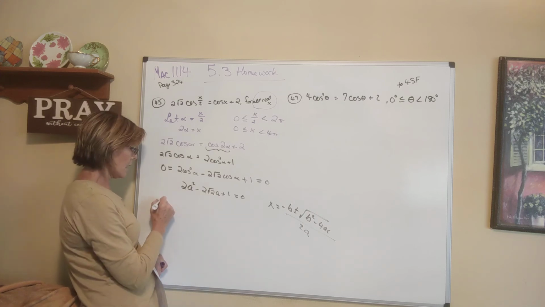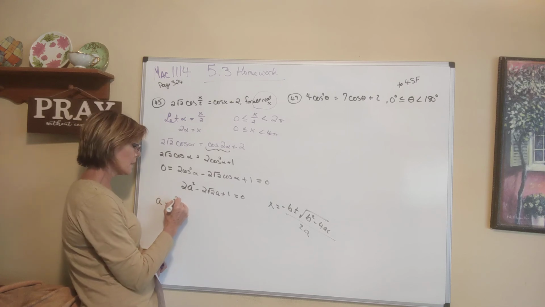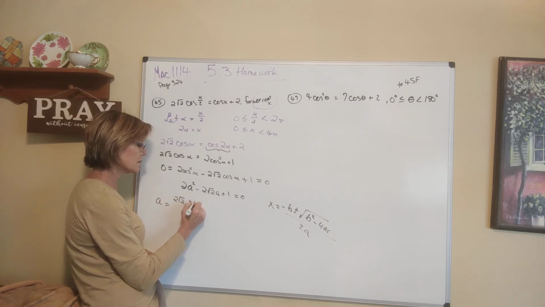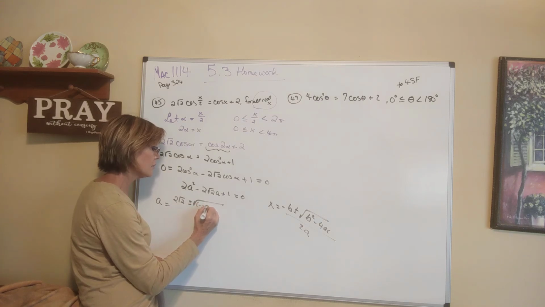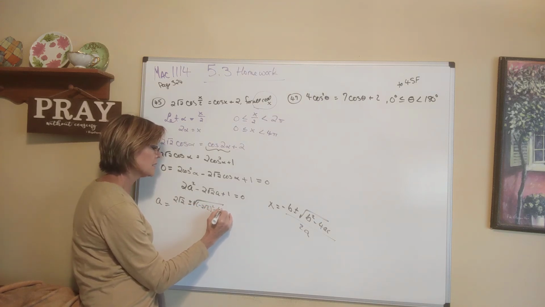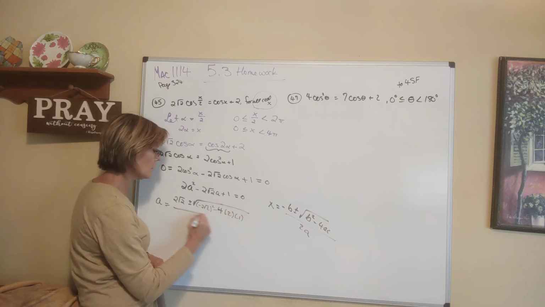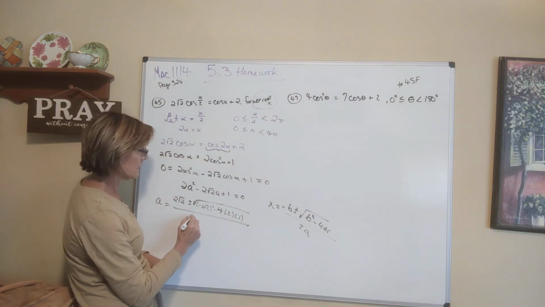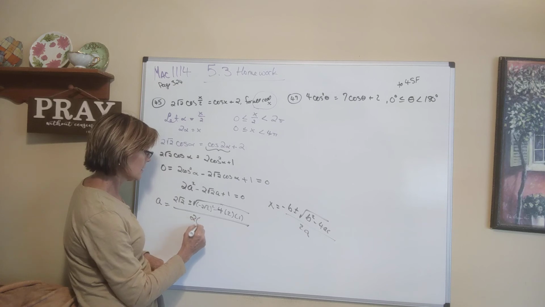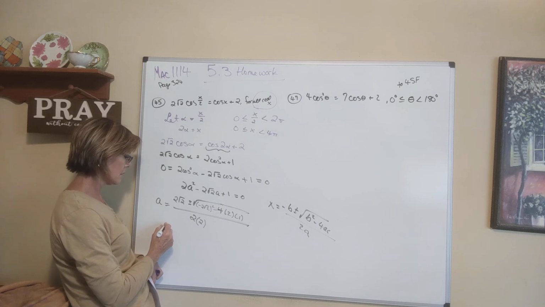So a is equal to negative b, which would be positive 2 square root of 2, plus or minus the square root of b squared, which would be negative 2 square root of 2 squared, minus 4 times a times c, all over 2 times 2.